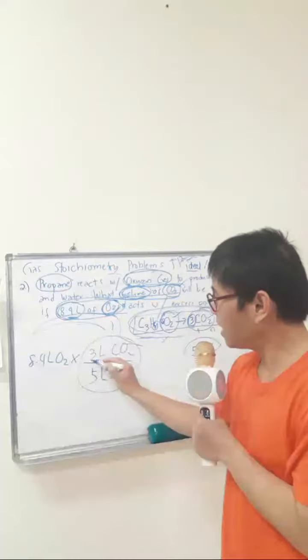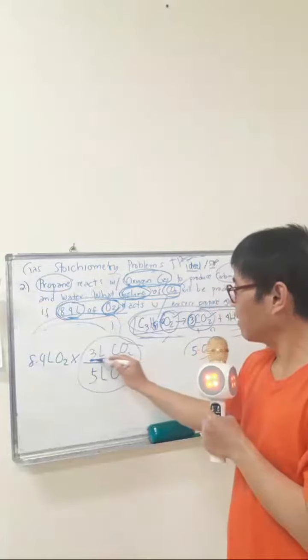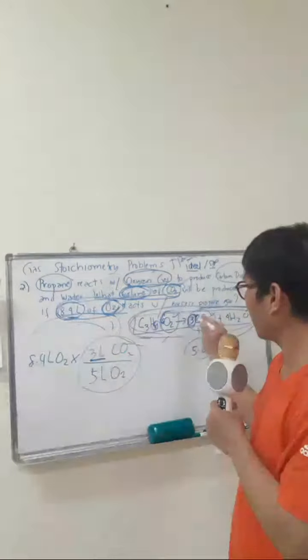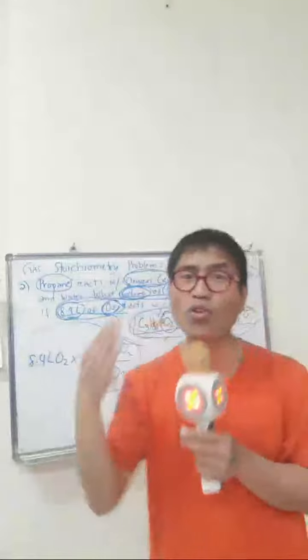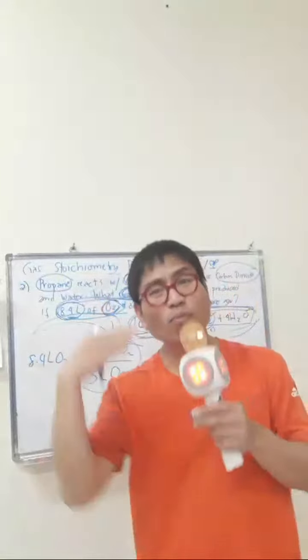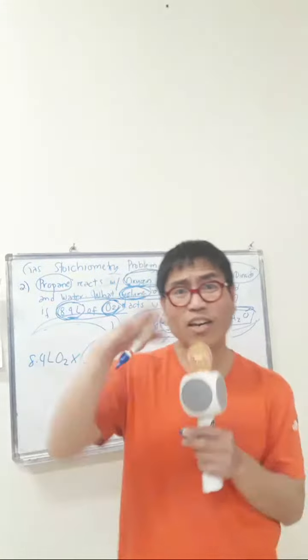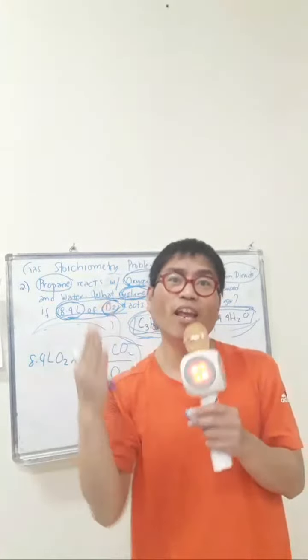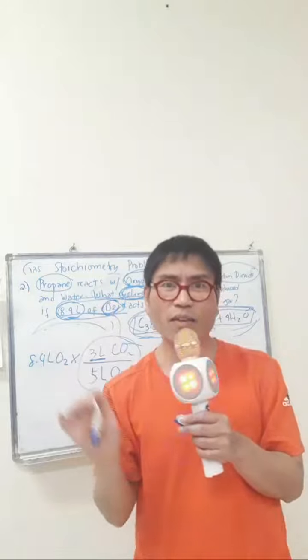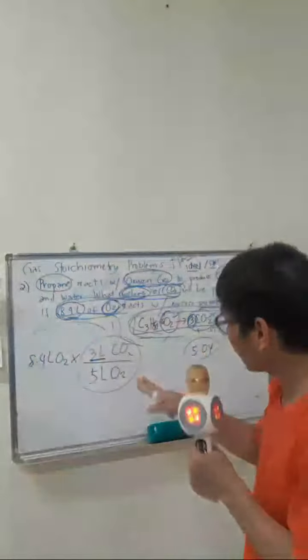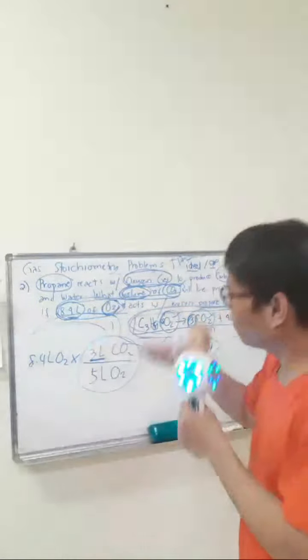This 3 liters is not really liters, it is moles in the chemical reaction. But through theory, the number of moles and volume is just equal. It will be directly proportional to each other. It will behave in the same way. That's why 3 liters is also equal to 3 moles, and 5 liters is equal to 5 moles.